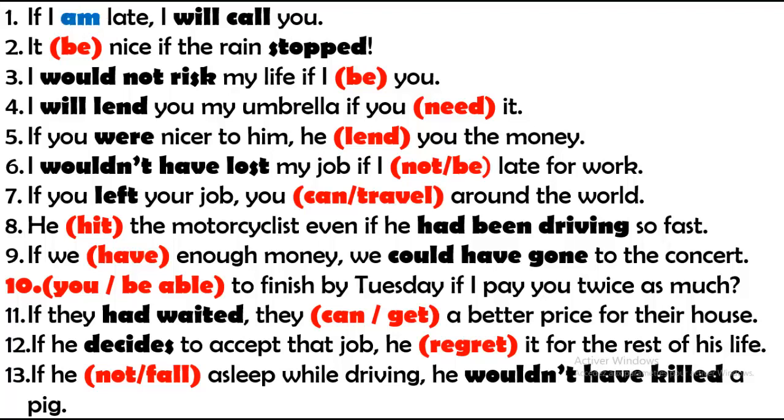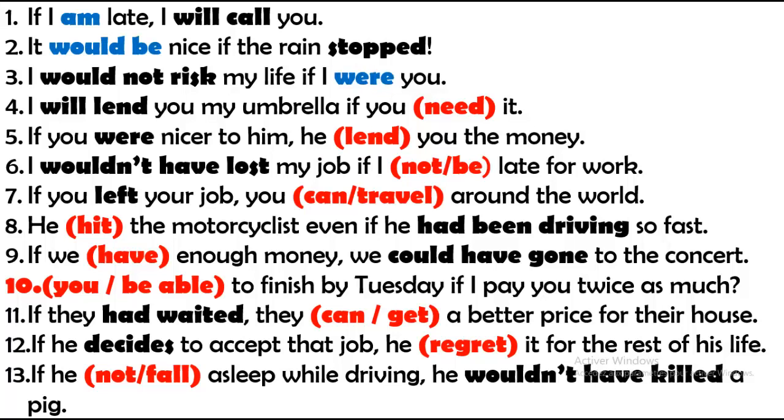Alright, come on. Number 1, if I am late, I will call. Number 2, stopped is in the preterite, so be must be in the simple conditional, would be. Number 3, would not risk is in the past conditional. It goes with the past perfect.